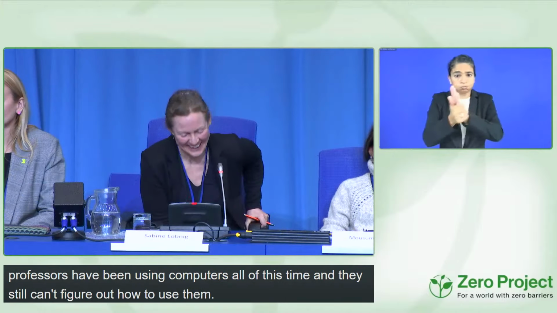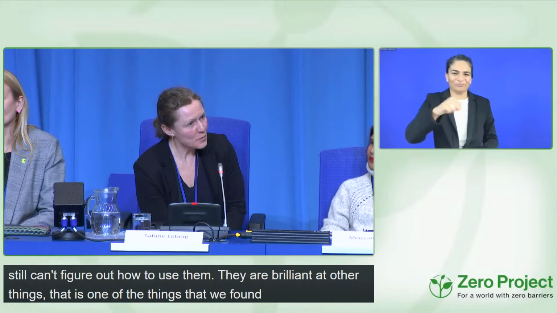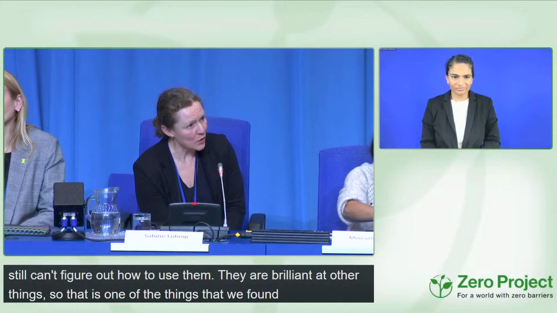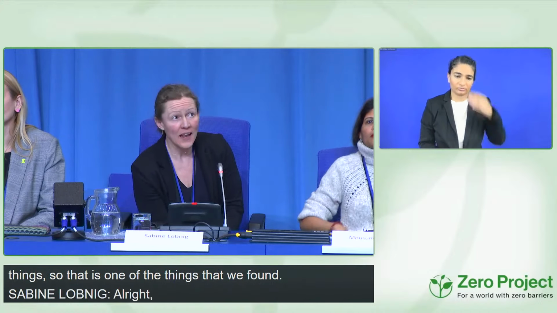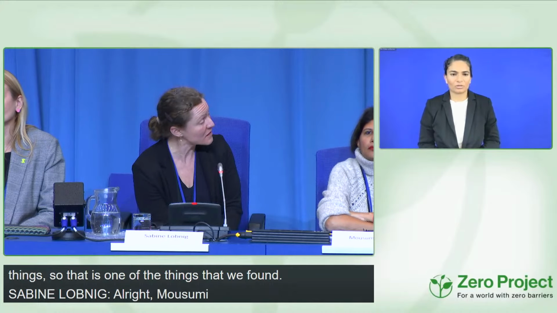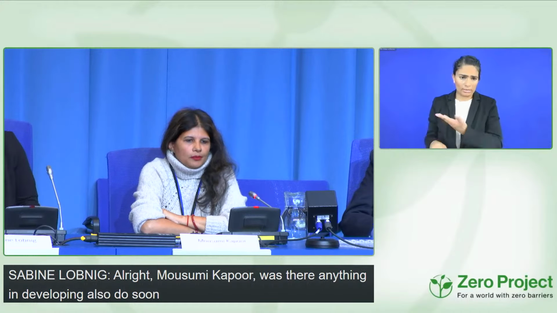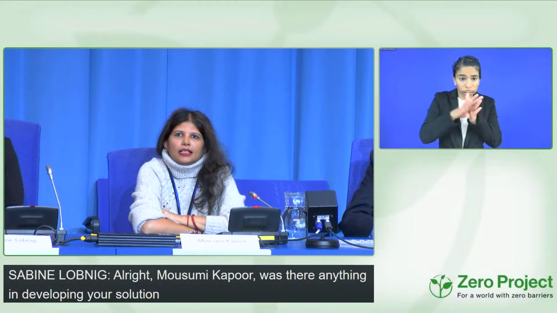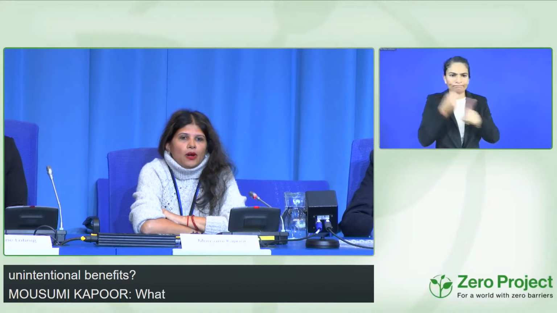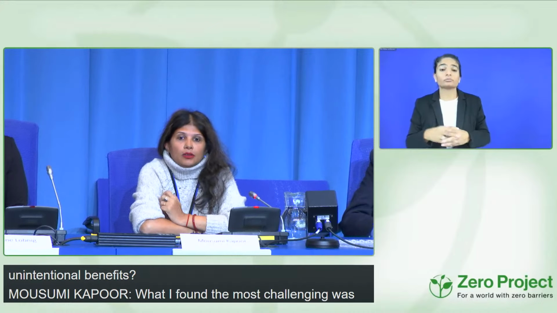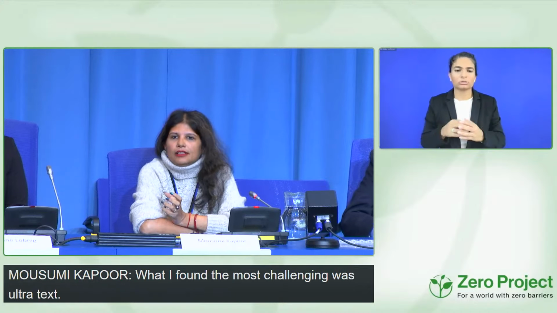Thank you, Greg. All right. Musumi, was there anything in developing your solution that you found surprising, or maybe also that had unintended additional benefits? I think what I found the most challenging was alt text. Alt text is such a highly nuanced entity, and it can mean different things in different contexts.